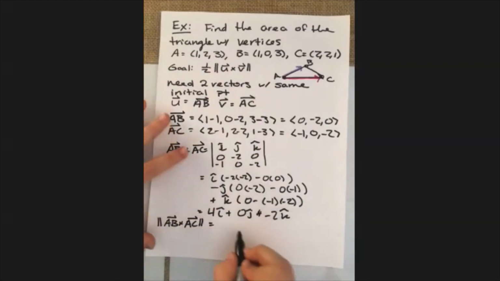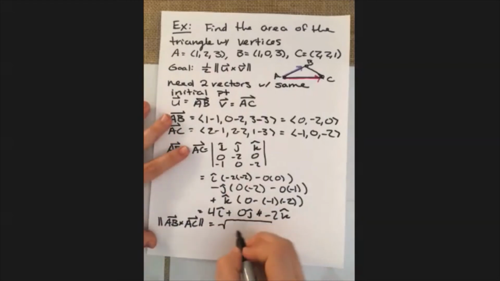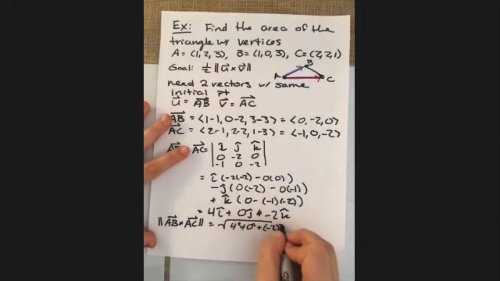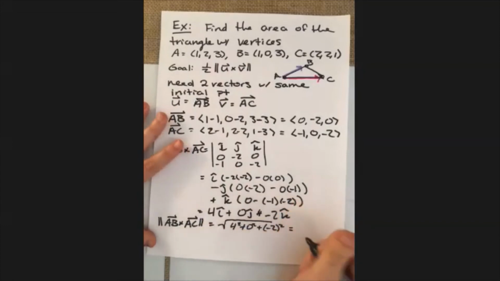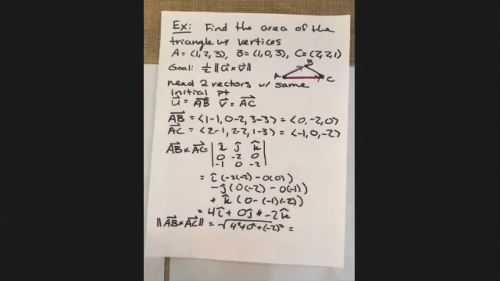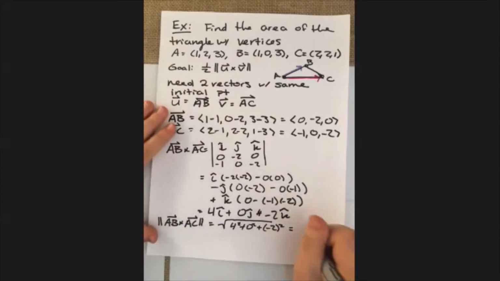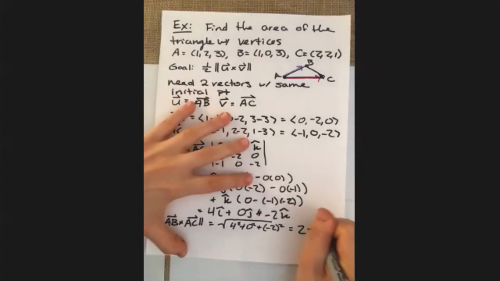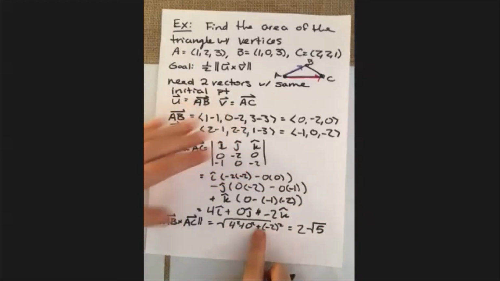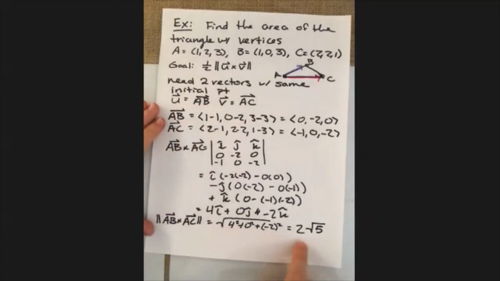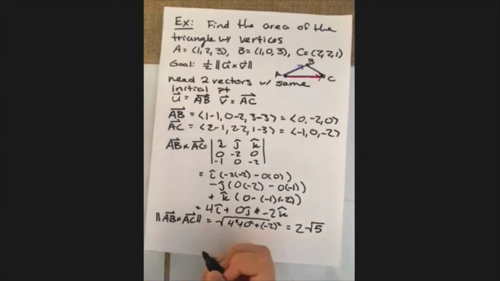and that is equal to the square root of 4 squared plus 0 squared plus negative 2 squared. If we add all that up and simplify it down, it's actually going to wind up being 2 times the square root of 5, because this is just the square root of 20. Sometimes it makes it a little tidier to be able to factor some pieces out of that square root right there.